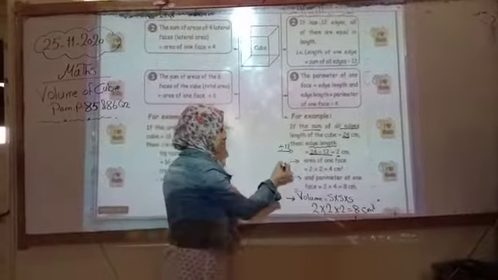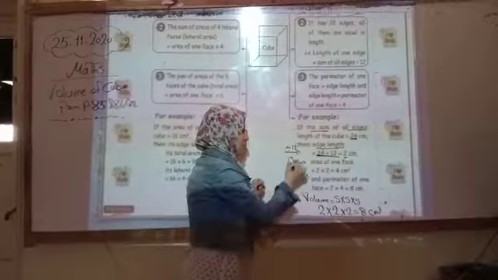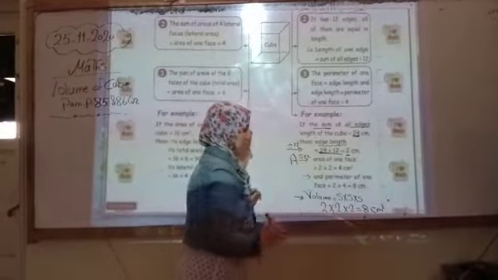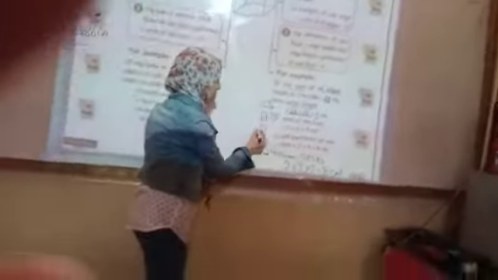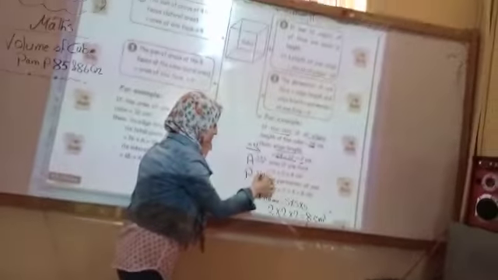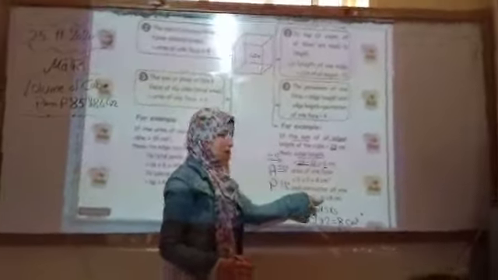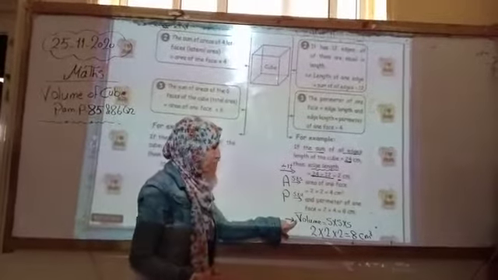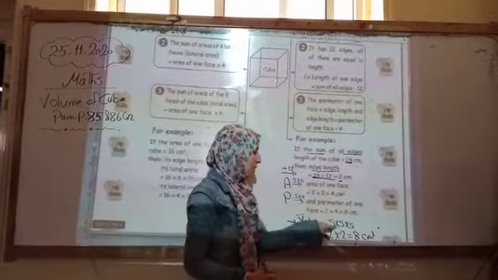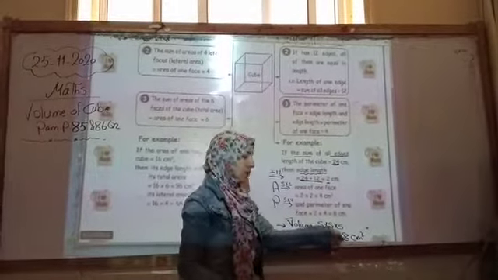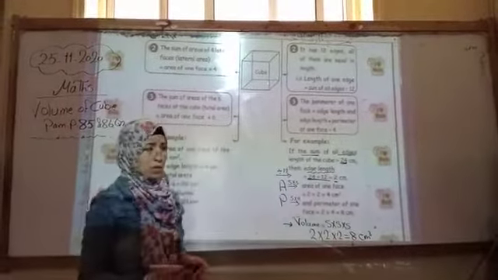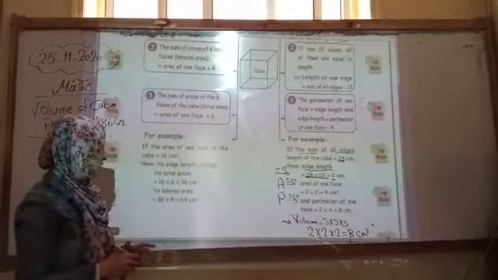To get area, side by side. Side equals 2, 2 by 2 equals 4. To get perimeter, side by 4, 2 by 4 equals 8. To get volume, side by side by side, 2 by 2 by 2 equals 8 cubic centimeter. Okay?